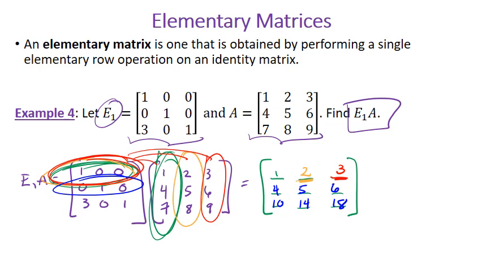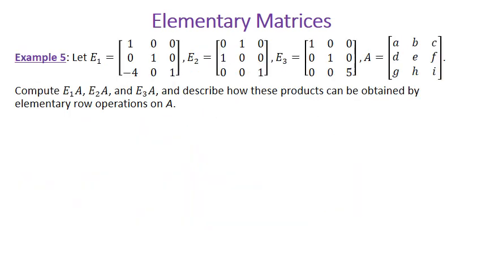Okay, so now what we're going to do is continue to analyze what is happening here. Now I have 4 different matrices, and I want to perform multiplication in 3 different ways.